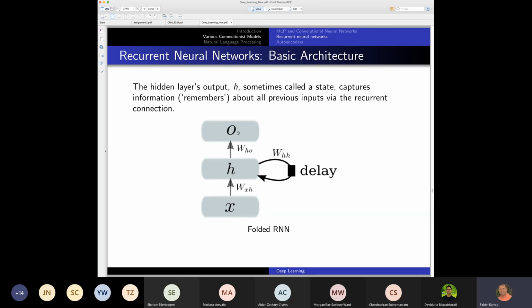So the system is remembering, not the memorization that we showed we need to avoid. That memorization is the memorization in learning. We don't want the system not to generalize. This is memorization of the context of the previous words or the previous signal that the system has processed.